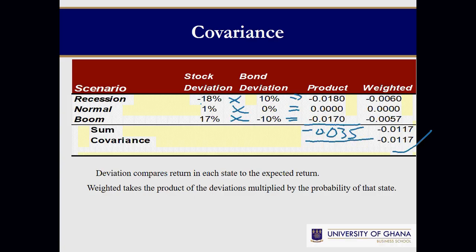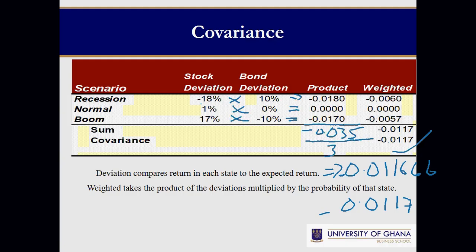When divided by the possible scenarios, which is 3, we are getting 0.011666. That's why it's also the same as negative 0.01175. So easy.